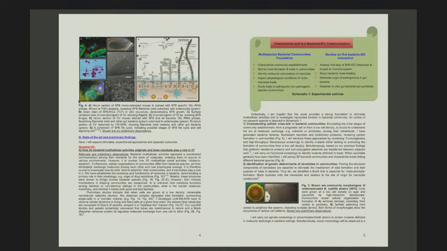What we did here is cultured them, and they are very, very long. You can see them by naked eye, like a centimeter long. They grow like this.